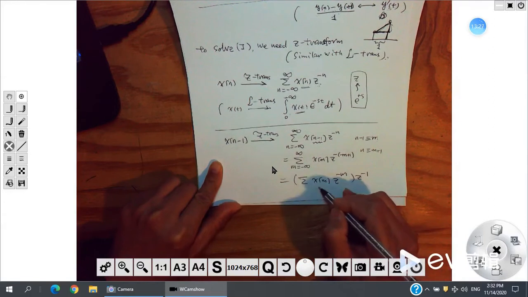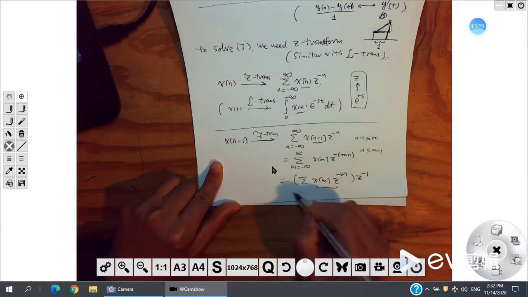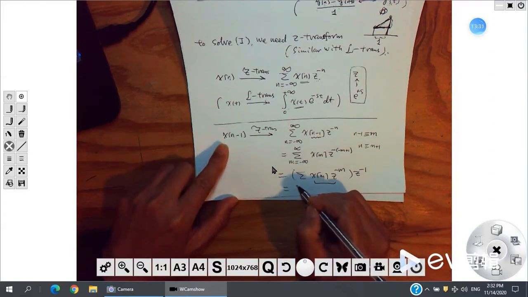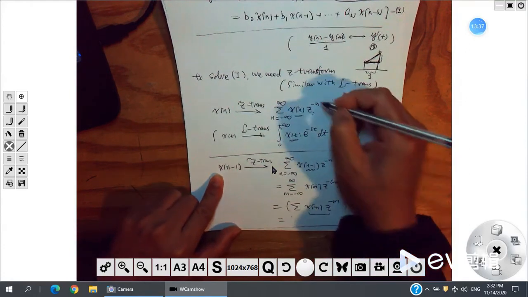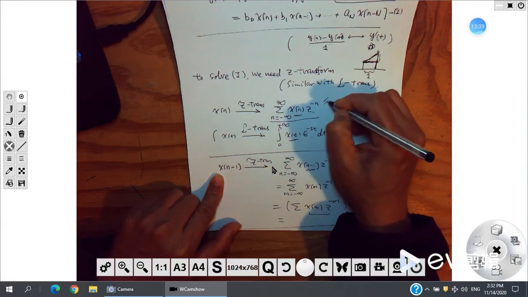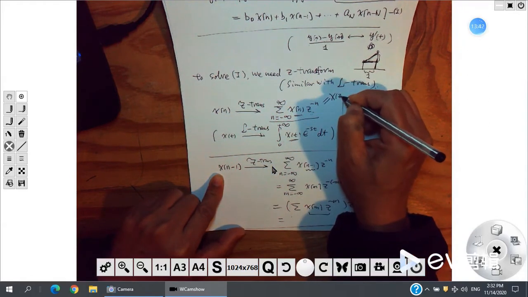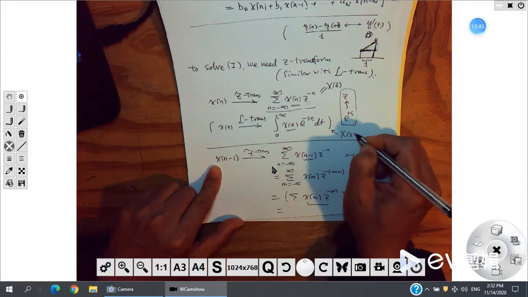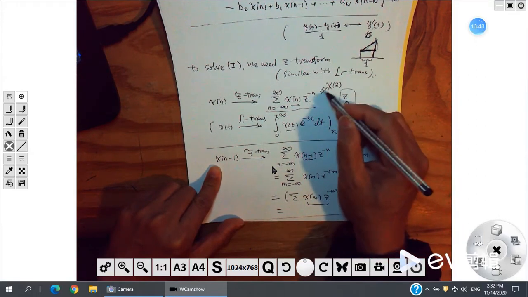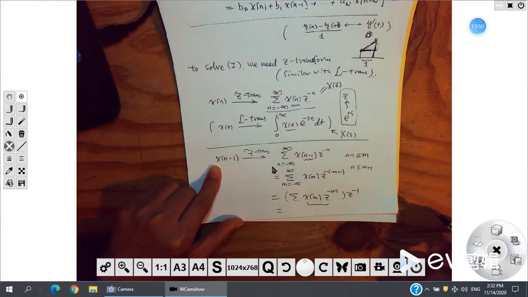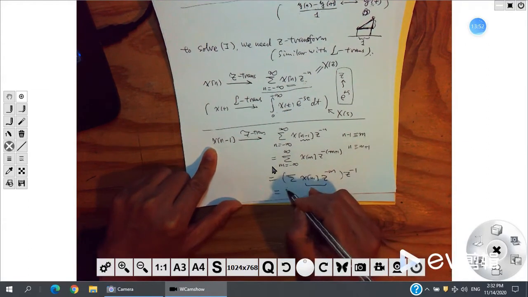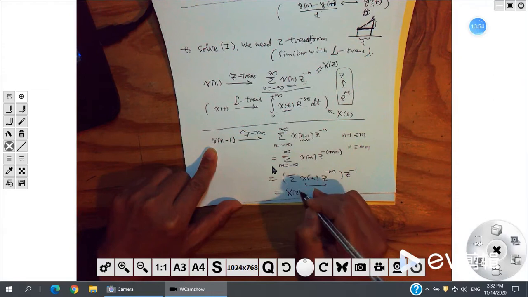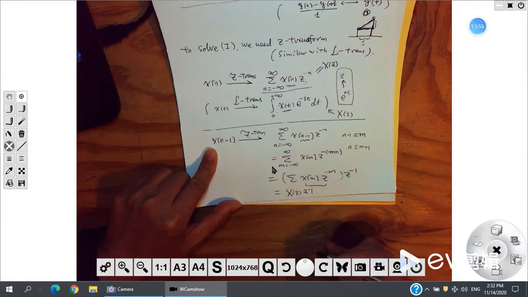This part is the same as the Z transform of the lowercase x. We denote it as capital X of z, similar to how we denote the Laplace transform as capital X of s. So this is just capital X of z times z to the negative 1.